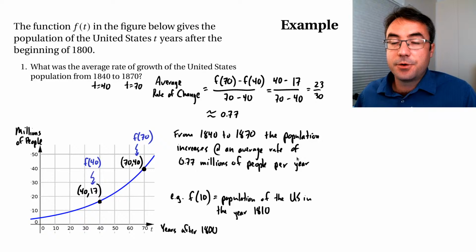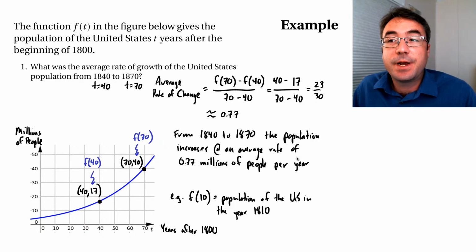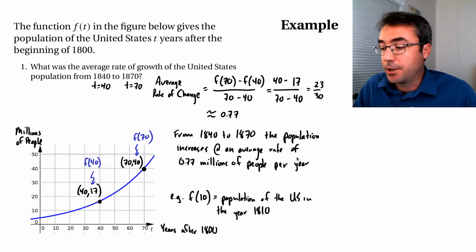So during that time, the average rate of growth for the U.S. population was about 0.77 million people per year.